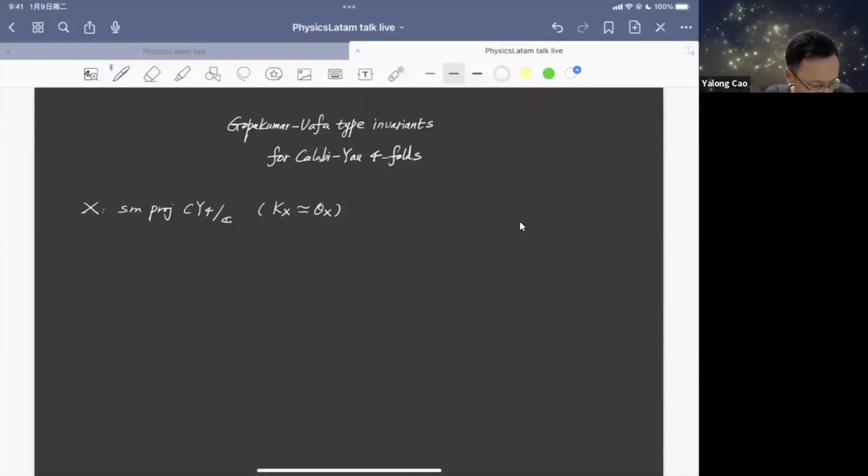So associated with such a space, we can talk about the moduli stack of stable maps. I just write a notation.